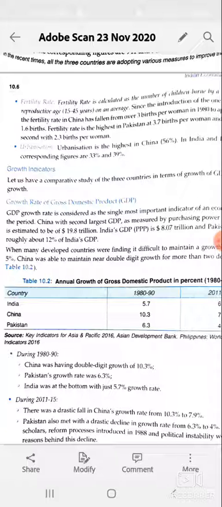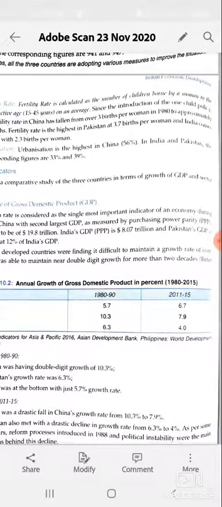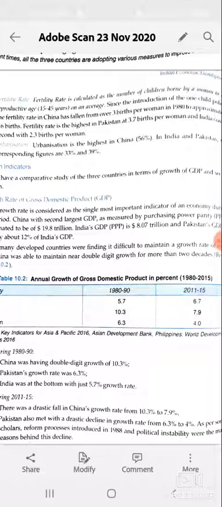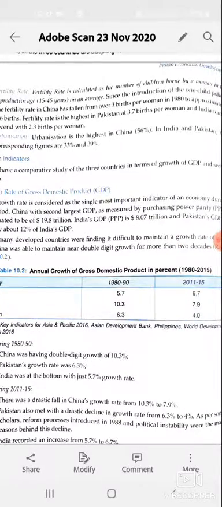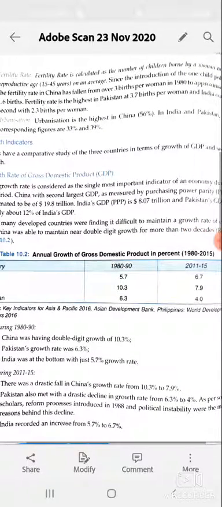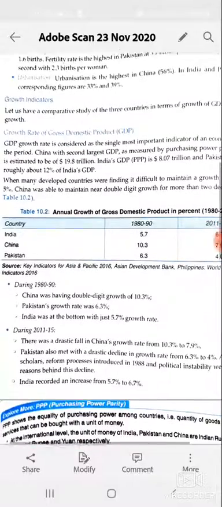China having 10.3, and Pakistan was better than us, 6.3. If we compare 2011 to 15, the condition of India is improving, 6.7, China is reducing, 7.4, and Pakistan's condition is also reduced, 6.3 to 4.